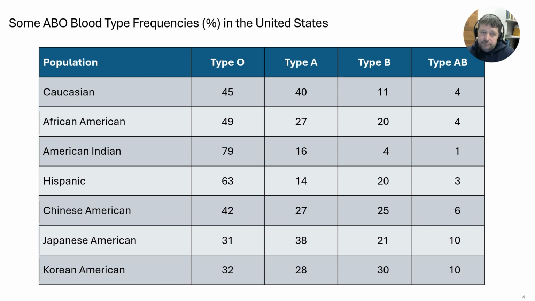Other individuals who are fairly related to each other, Chinese, Japanese, and Korean individuals, have very similar blood types. Individuals who evolved from similar populations will have similar blood types, and that's what we see in the blood typing.